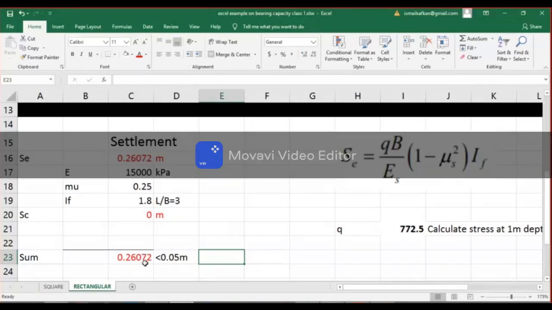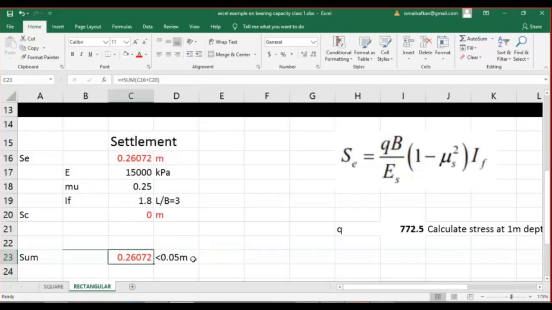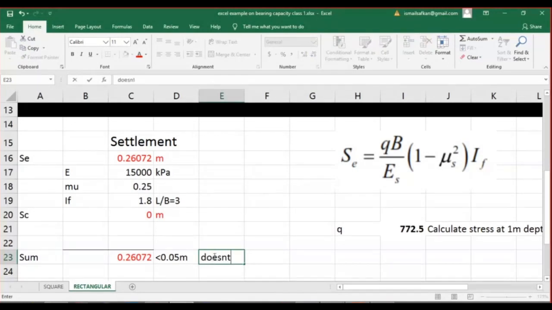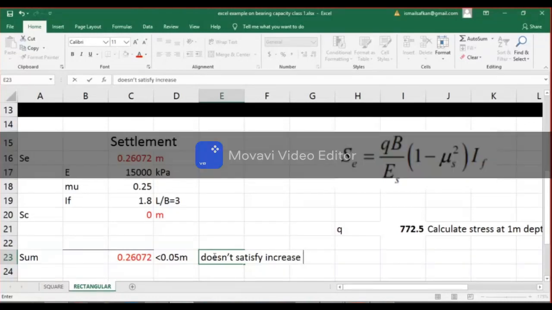Somehow I need to extend my calculation. It doesn't satisfy. Increase dimension.